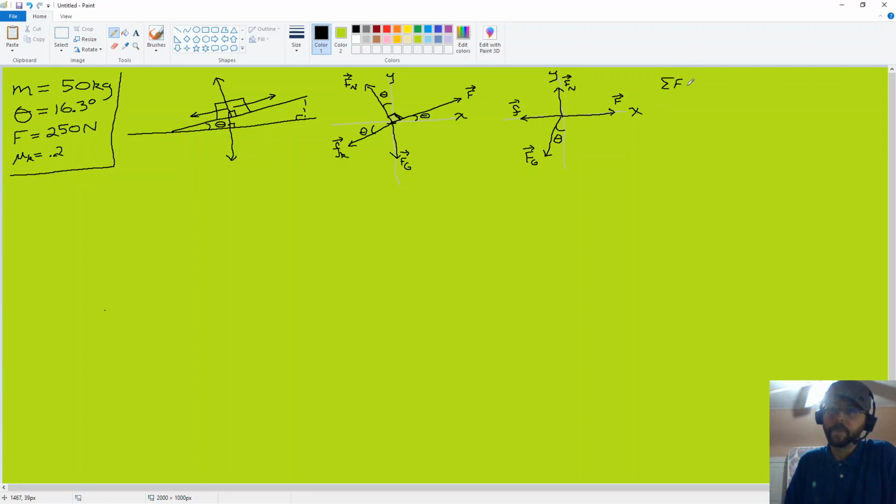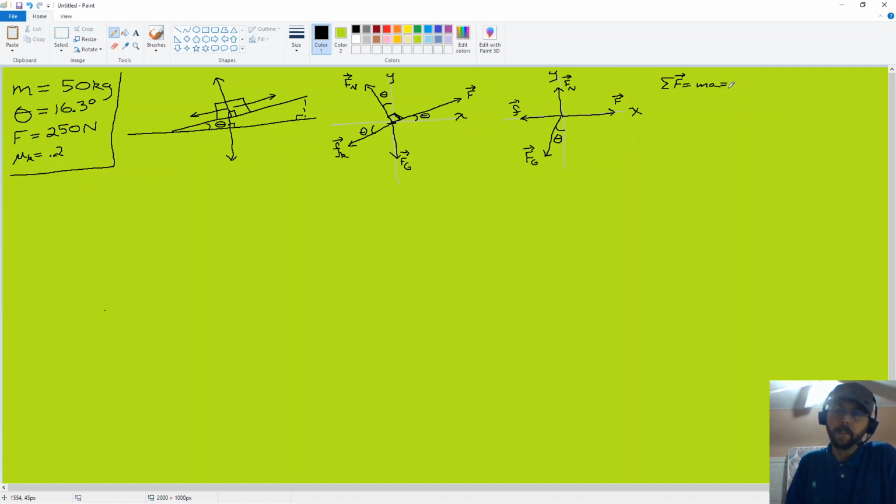Sum of the forces equals mass times acceleration, which equals, in this case, we don't have to worry about the y direction. We just know from the setup of the problem and from physics in reality that this box is not sinking into the inclined plane and it is not flying off of the inclined plane in an upward direction.